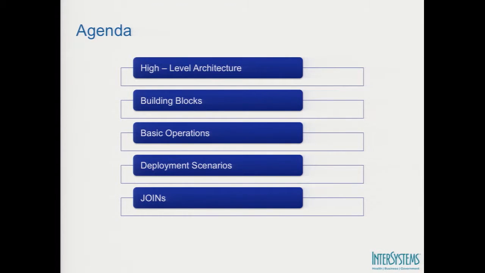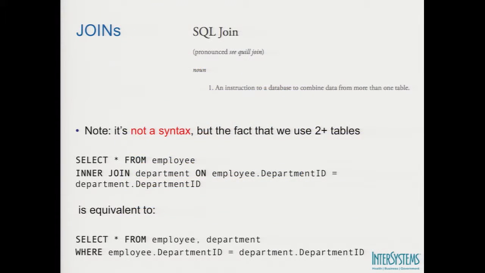Now, another topic is joins, and that's, again, the holy grail of all these sharded architectures. First of all, join, in that particular case, is not the syntax. So if you're scared of things like left outer join, inner join, outer join, cross join, and so on, don't worry. The only thing you need to know about joins here is we use two or more tables to produce results.